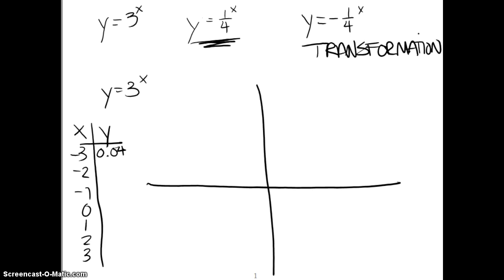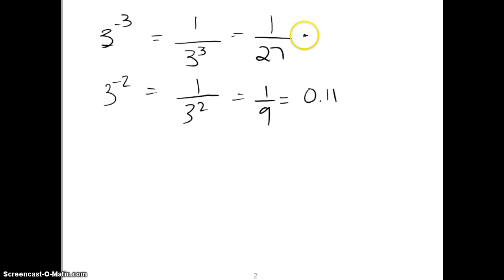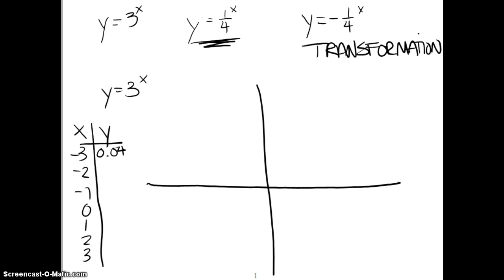Then I come and I do 3 to the -2. Once again, the negative flips me down, giving me 1 over 9, which we all know is approximately 0.11. So I come back and I put it in.